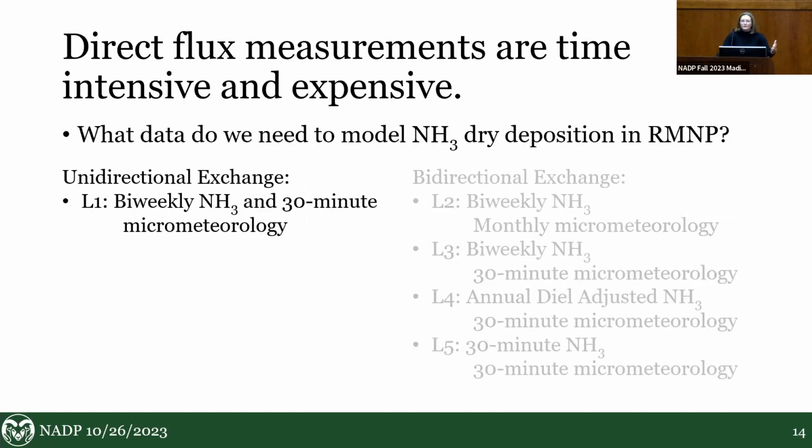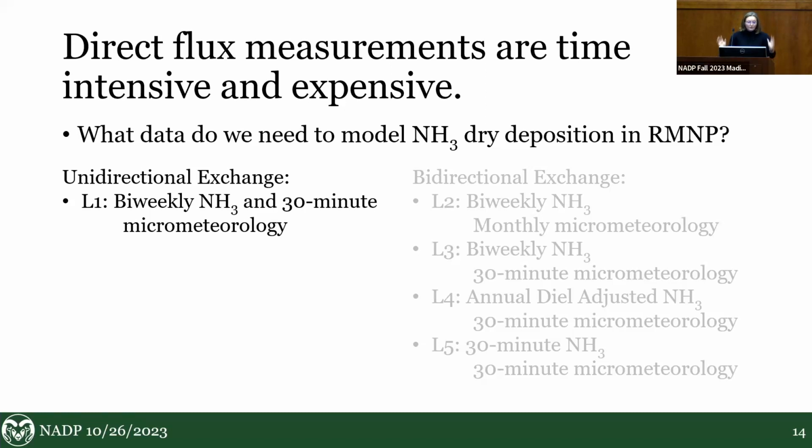So why don't we just take lots of high time resolution data? I'm sure I don't need to tell you all that high time resolution data is time intensive and quite expensive to do. We already have the AMoN network, which has the biweekly passive. We have some of these other data sets that we'd love to be able to use if they're representative for the deposition.